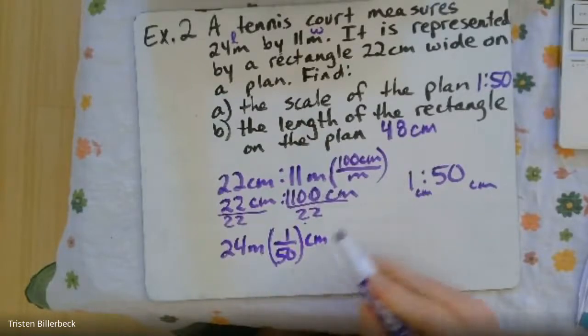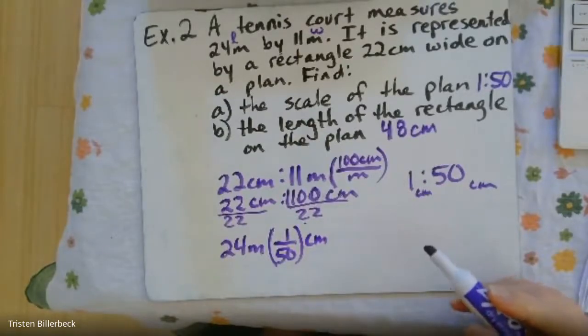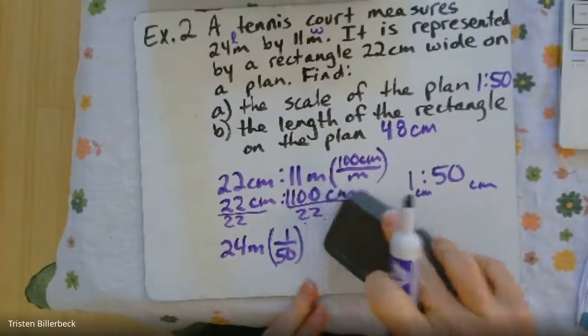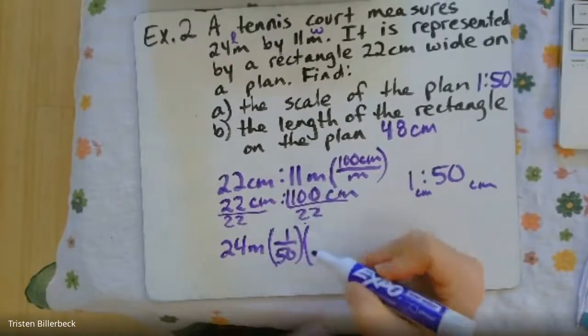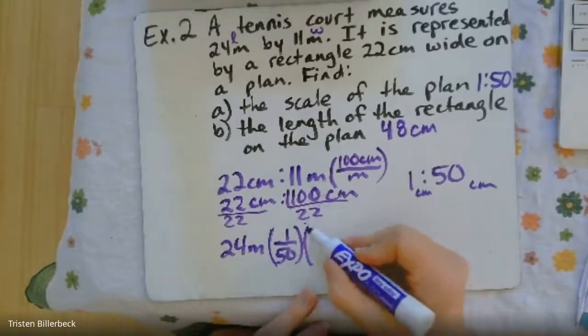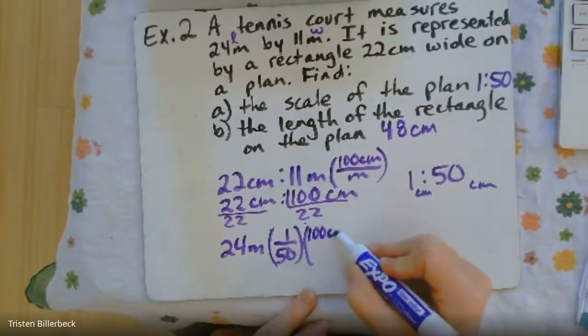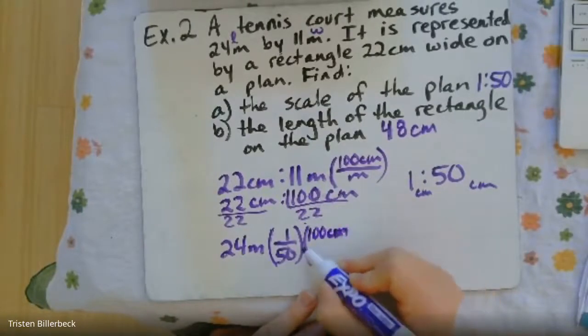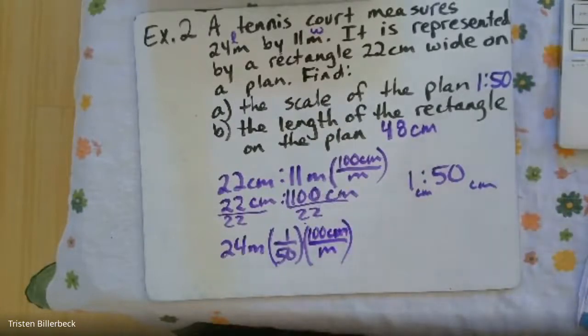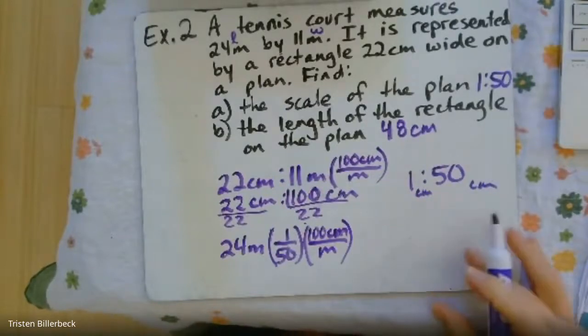But I need to change this to meters. So I'm going to do a conversion of meters. So we have 100 centimeters over a meter. There we go. Do you see now? It's going to work out.